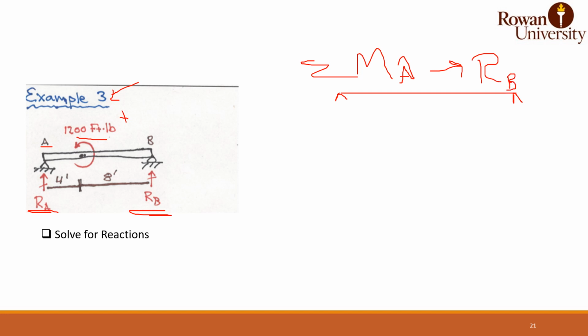So the moment is 1200 positive because it turned around A as anticlockwise. However, in this direction, we assumed RB vertical, so it has also to rotate around A as clockwise. So we have plus RB times 12 equals 0. That means RB from this equation has to be negative 100 pounds.